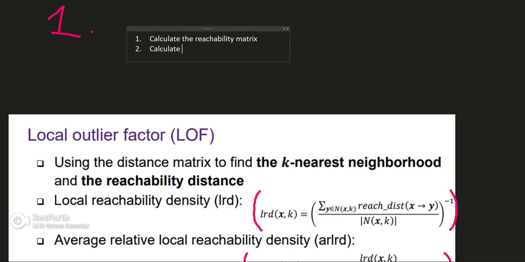Number two is to calculate the local reachability density of each point. So we have this thing called reachability. Reachability is just used to take into consideration points that have a lot of points really close to them. And I will show you what that means in a moment.